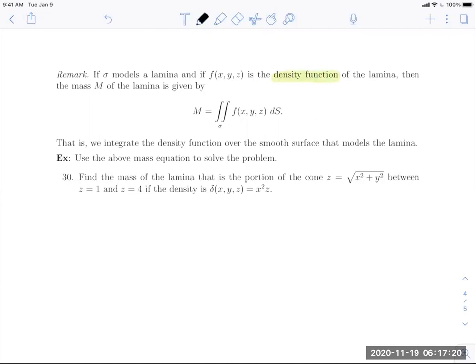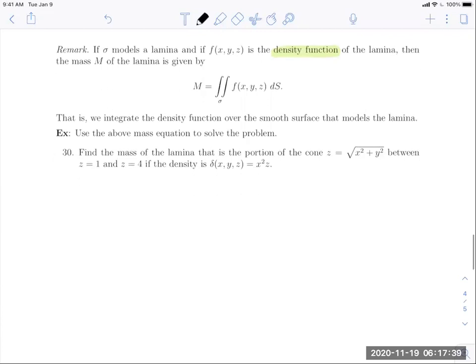In other words, we're just going to integrate the density function over that smooth surface that's representing your lamina. So again, if you think of a piece of sheet metal that's curved, this is a way that we could compute the mass of that sheet metal as long as we knew the density of the metal.